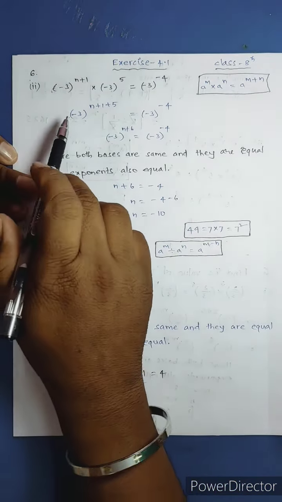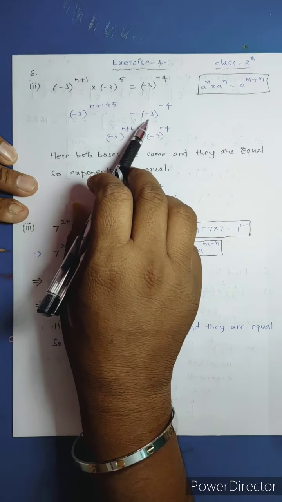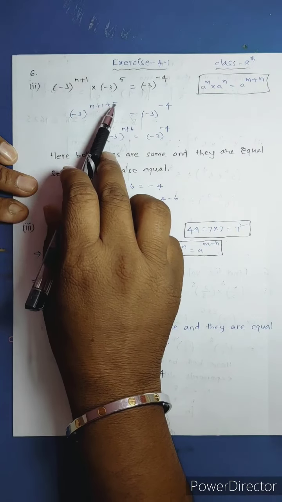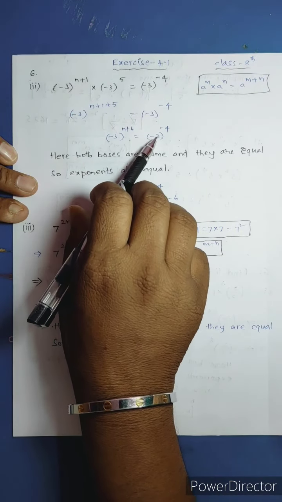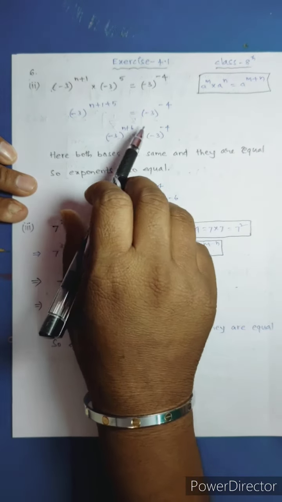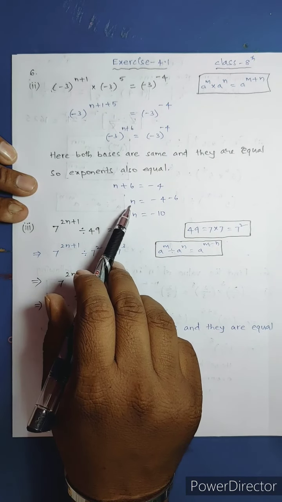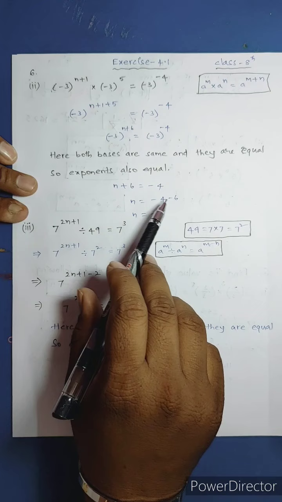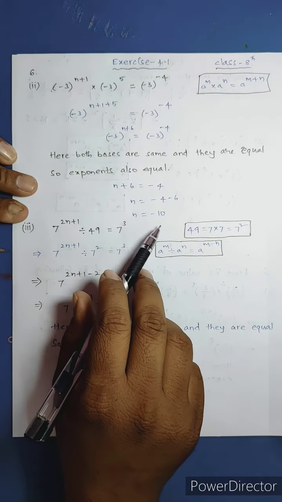(Minus 3) whole power of n plus 1 plus 5 is equal to (minus 3) whole power of minus 4. 5 plus 1 is 6, so n plus 6. Both bases are same and equal, so exponents are also equal. n plus 6 is equal to minus 4. n is equal to minus 4 minus 6, that is minus 10. The value of n is minus 10.